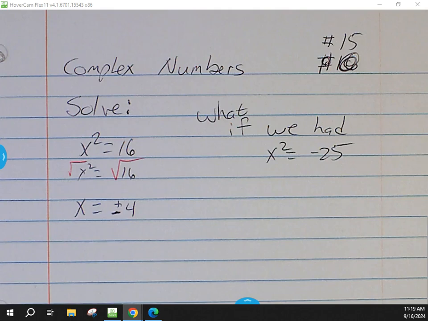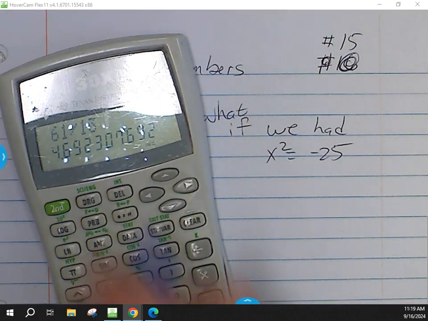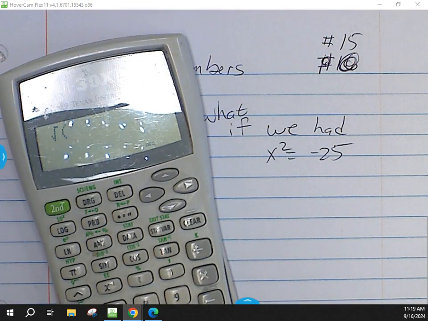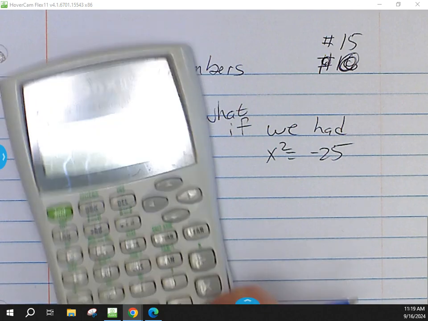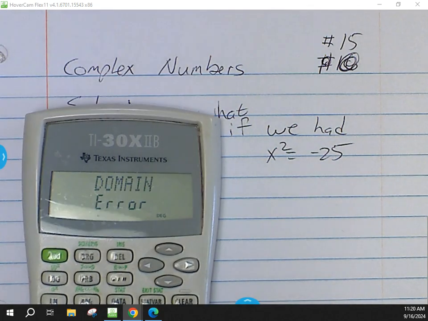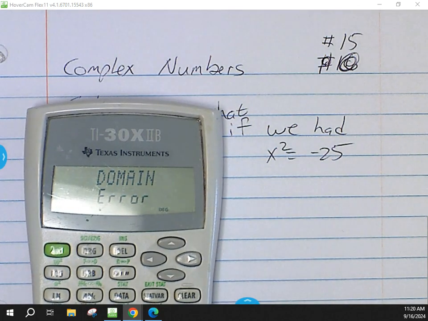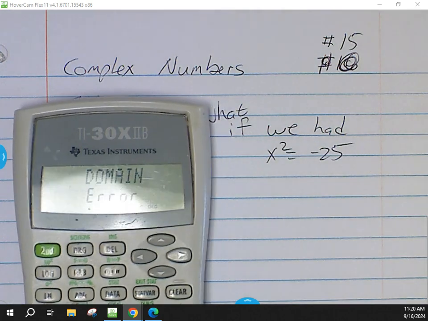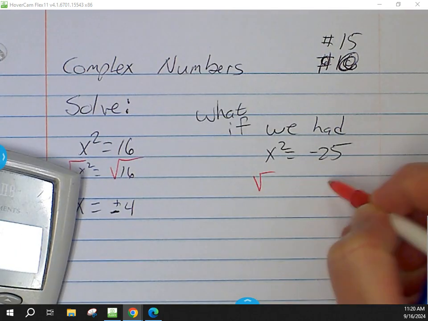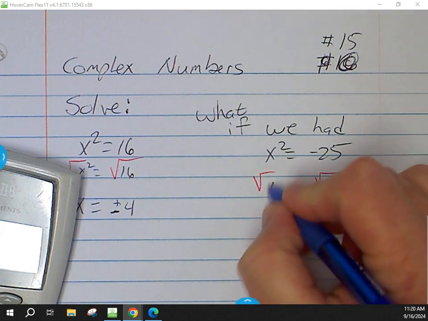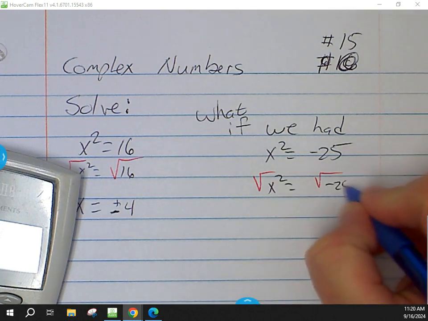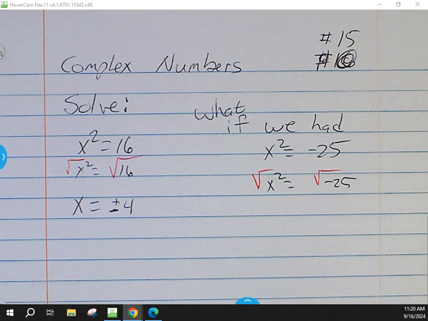And if you check that on the calculator, here's the problem. Yeah, the glare's going to make it hard to see. You get an error message. So if we try to do that one, because again, we would square root both sides, we get the error message.